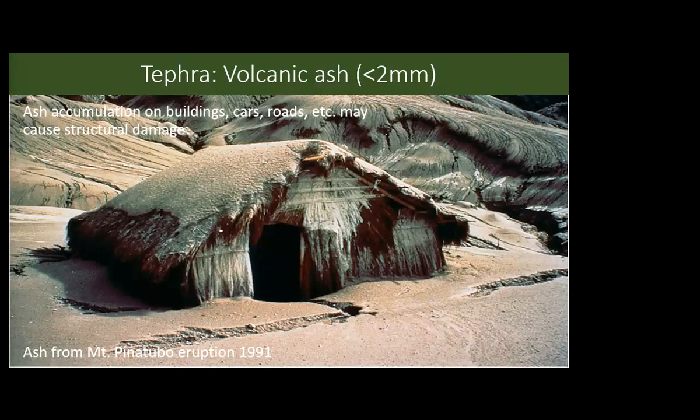So you can have structural damage from ash. If you think about your home and you get a lot of snow one year during the winter, there may be concern about your roof collapsing because of the actual weight of the snow. If you get enough snow built up, your roof will collapse. Your roof can only handle so much weight. Same thing with volcanic ash.